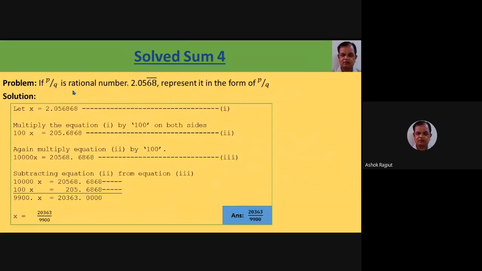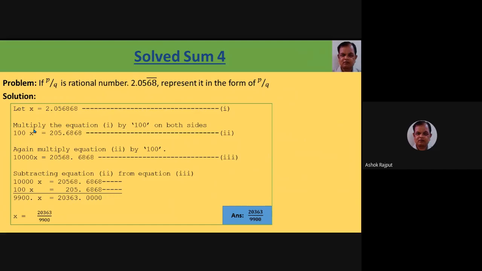If p by q is a rational number, then 2.0568 repeating, represent it in the form of p by q. If it is rational, then we want to represent it in fractional form as p by q.